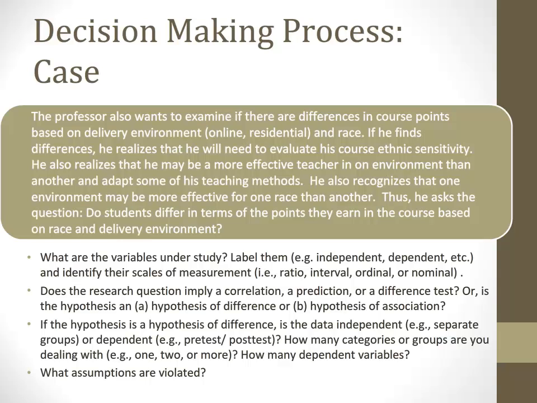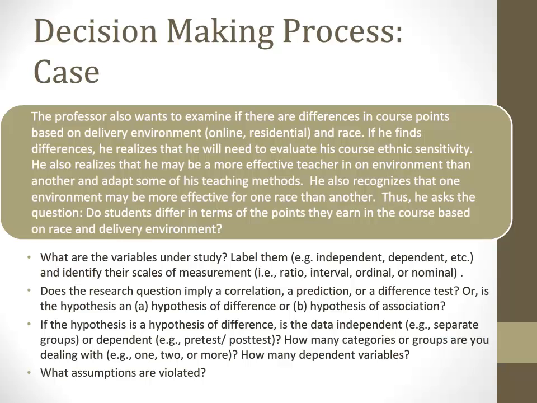We can say course points is measured at the ratio level. Okay, so we've determined we have 2 independent variables and 1 dependent variable. Before we move on to the next question, we determine that the dependent variable is measured at the ratio level. Therefore, we can make the determination that we'll probably continue with a parametric analysis as long as all our assumptions are not violated.